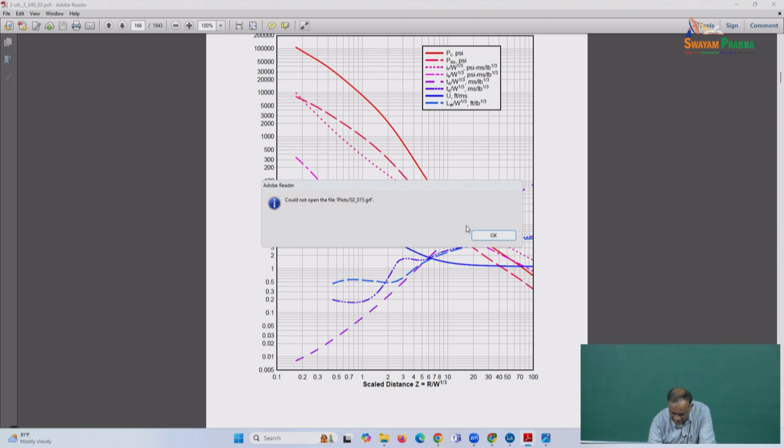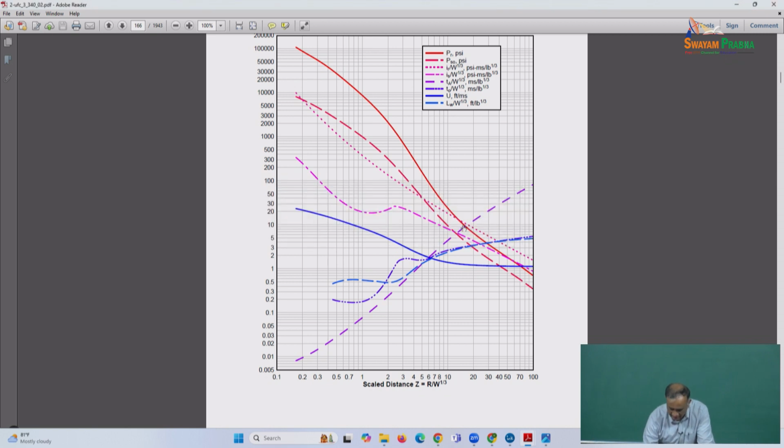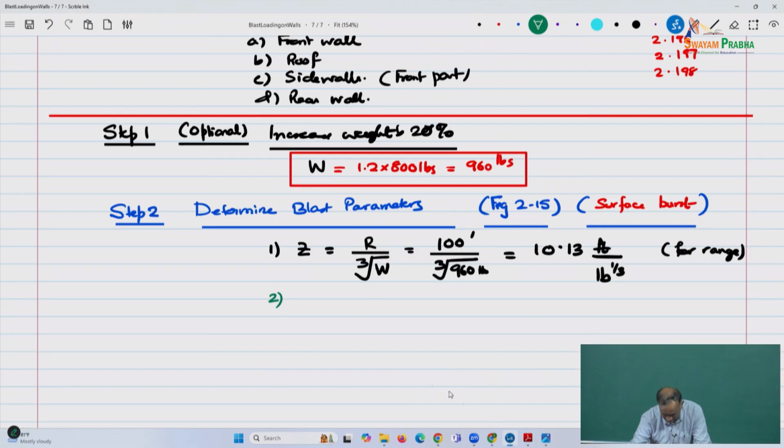It comes somewhere here. So all those values are along this line. I picked that 960 basically so that it's close to Z equal to 10, so that it's easy for you to interpret. Your problems may be more involved numerically.